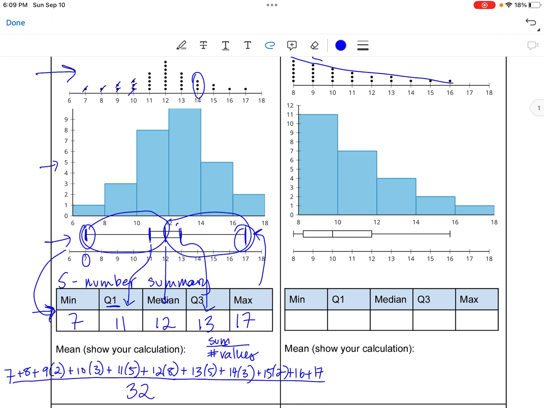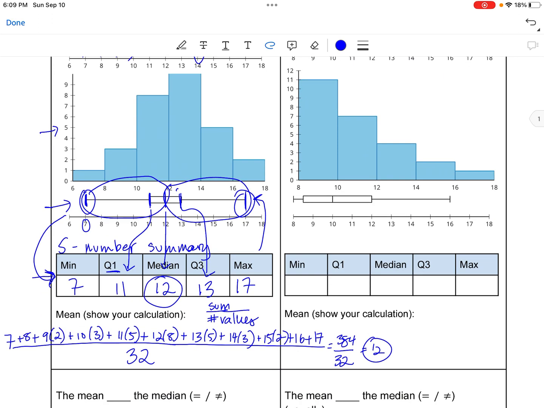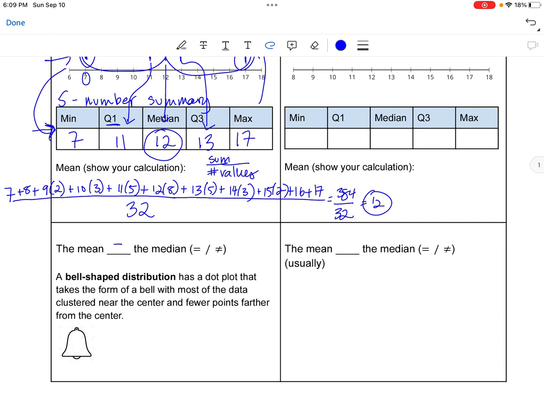On a calculator, we can add all of these up, and we get 384 on the top divided by 32 on the bottom, and that equals 12. Look at that. In this case, the median and the mean are the same, and that is true with bell-shaped data. If it's perfectly bell-shaped data, perfectly symmetrical, the mean and median will be the same.